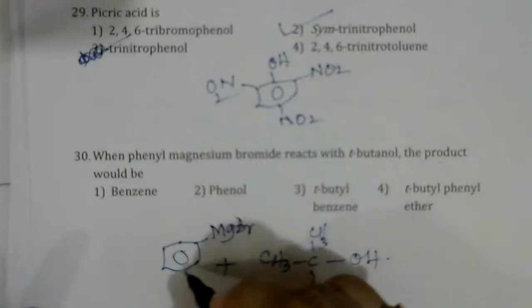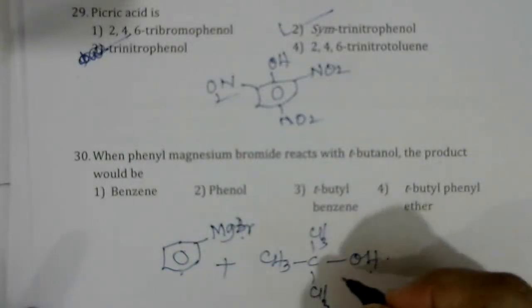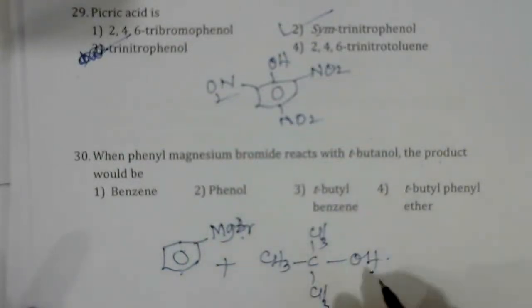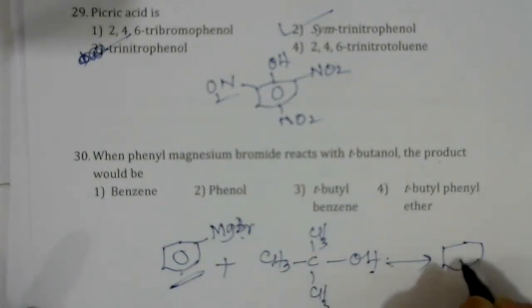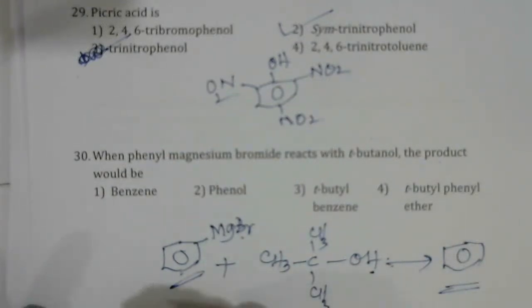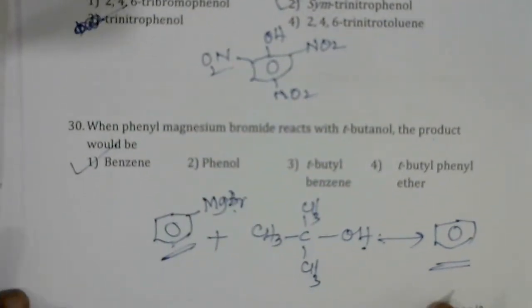Remember one thing, whenever a Grignard reagent is treated with a compound containing an active hydrogen atom, it will produce the respective hydrocarbon. Therefore, the product is what, children? Benzene.